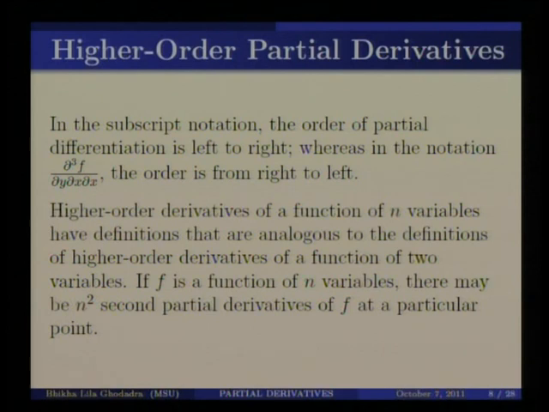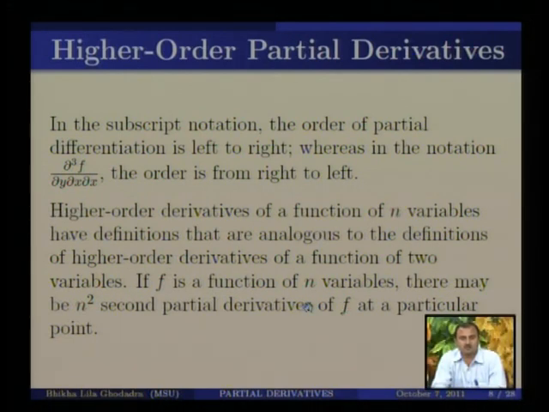Okay, higher order derivatives of a function of n variables have a similar definition, and we can see that if f is a function of n variables, there may be n squared second partial derivatives at a particular point, and we can talk of higher order derivatives also. So for example, for n equal to 1, we have only one derivative, because for a function of one variable it will be the ordinary derivative.